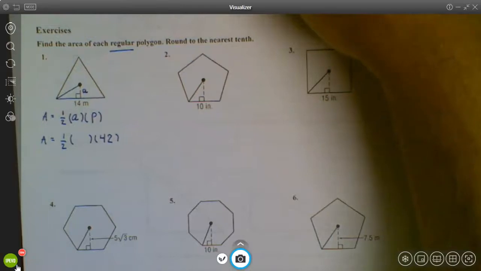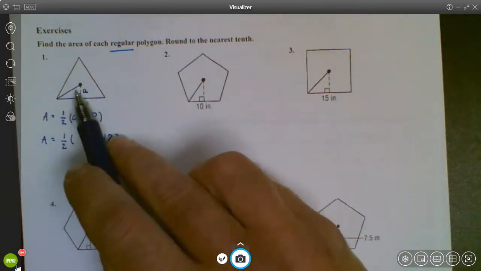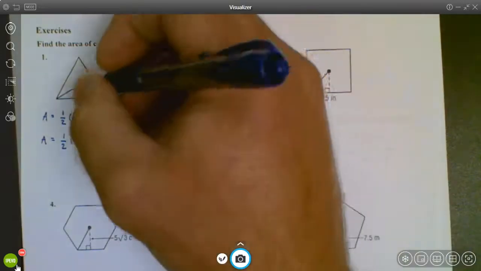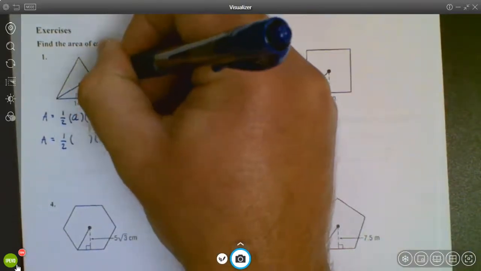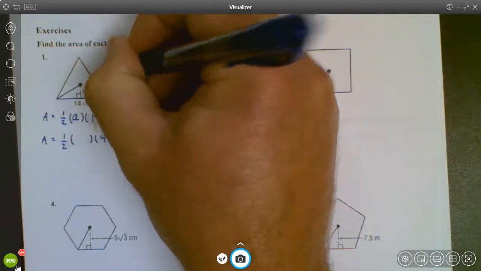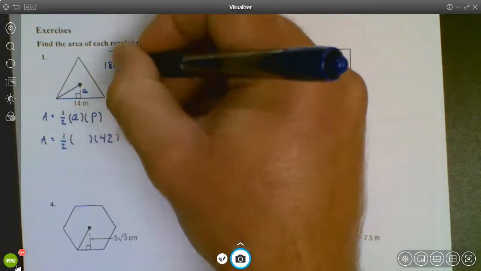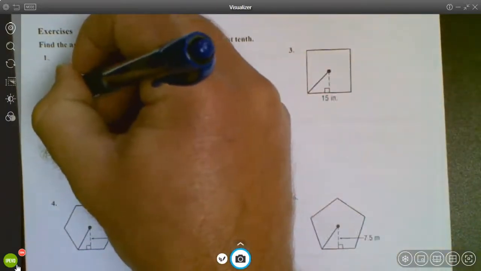Since we're only finding half of a central angle, all right, this only represents half of the central angle, instead of using 360, we use 180. So I'm going to do 180 divided by the number of sides in order to get that angle that I see right there. So 180 divided by 3 is 60, and so that tells me that this is a 60-degree angle.